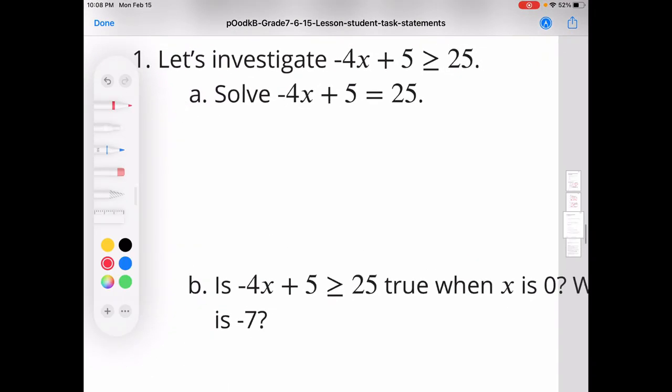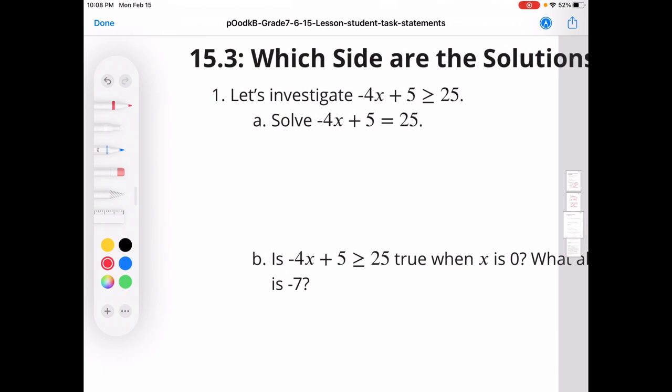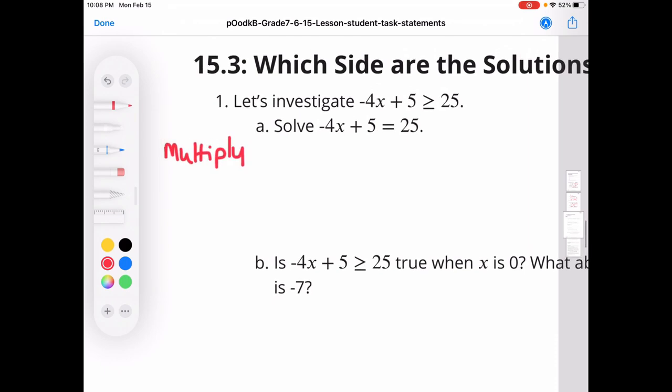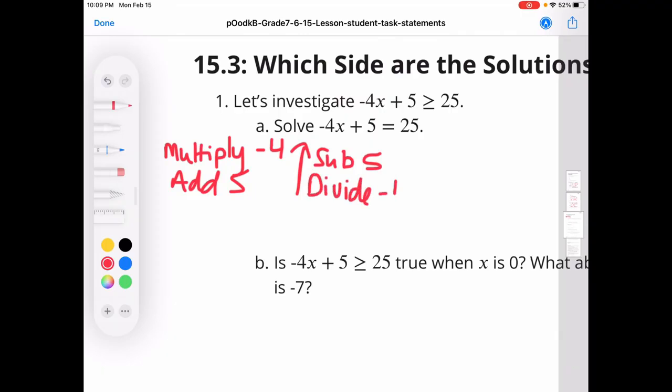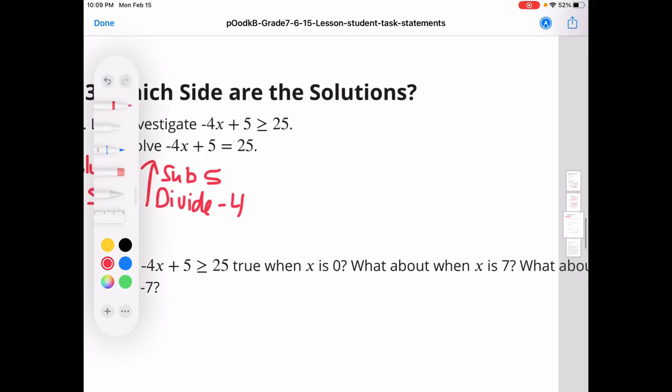If I followed my order of operations, I would need to multiply by negative 4 and then add 5. Since we're solving, we need to work backwards and use the inverse. So first I need to subtract 5, and then I need to divide by negative 4.